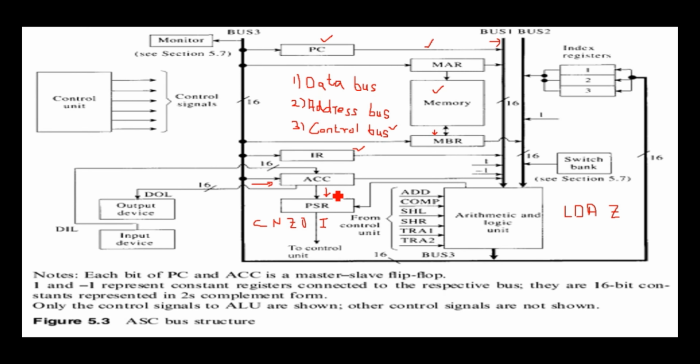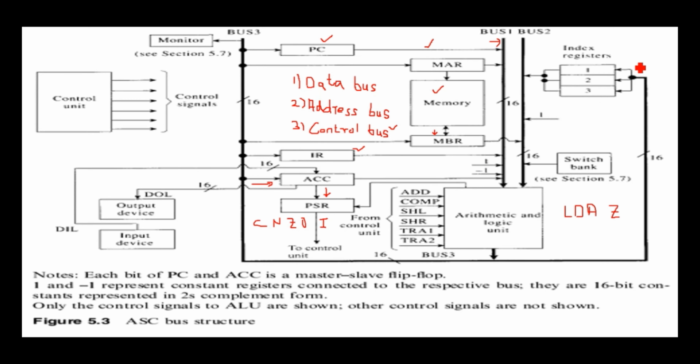So accumulator is also connected with the PSR, and this PSR is also connected to the control unit. So on the basis of the status of the processor, control unit will generate different signals.